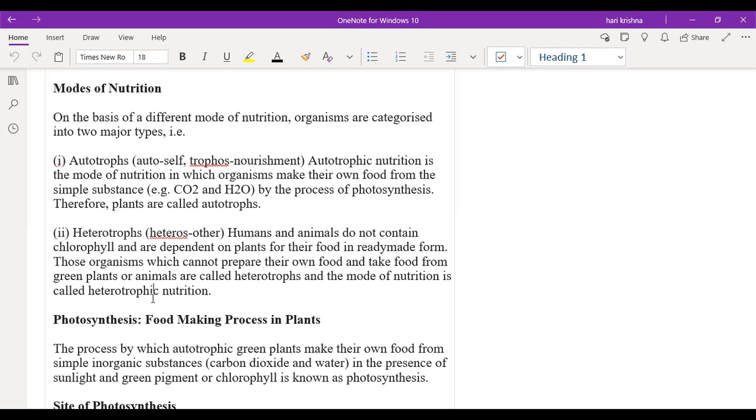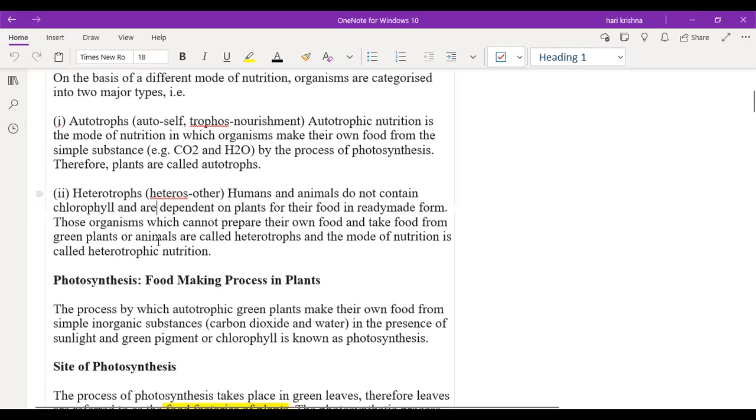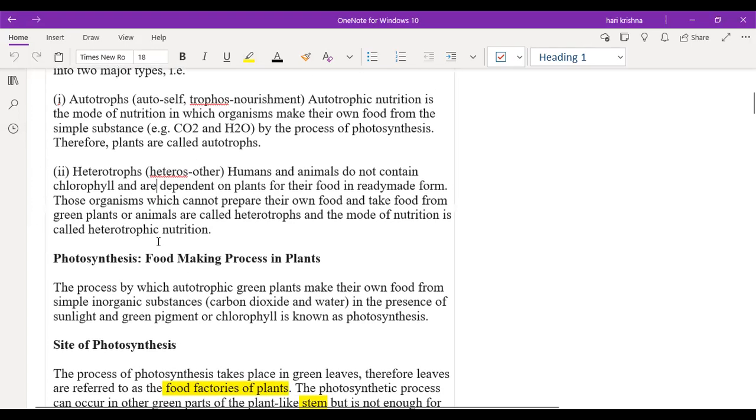So 6CO2 plus 6H2O will form C6H12O6 plus 6O2. That is the photosynthesis equation. It is very, very important because it is the basic equation which is providing food for everything on the earth.